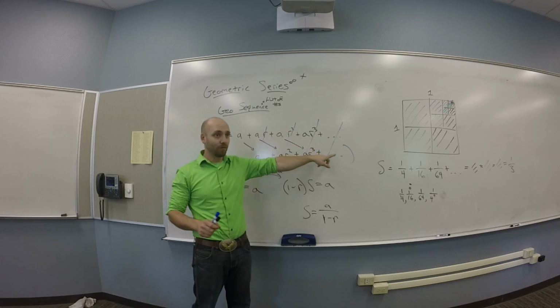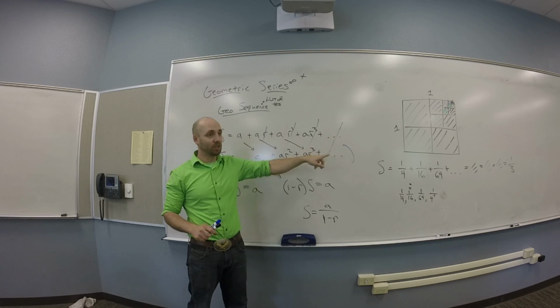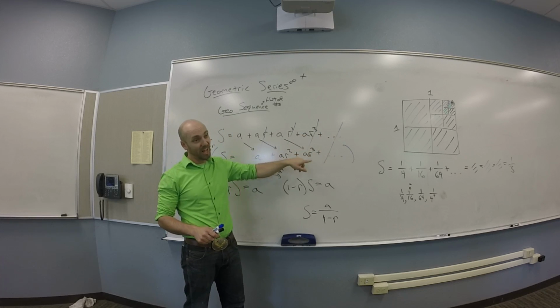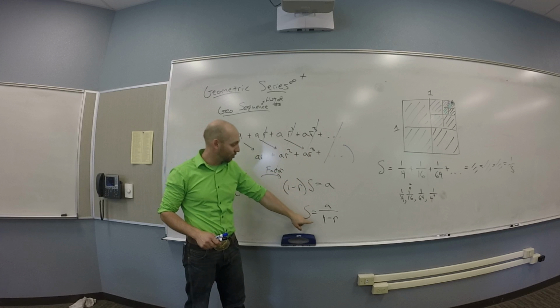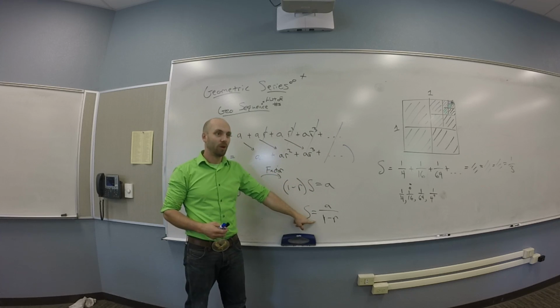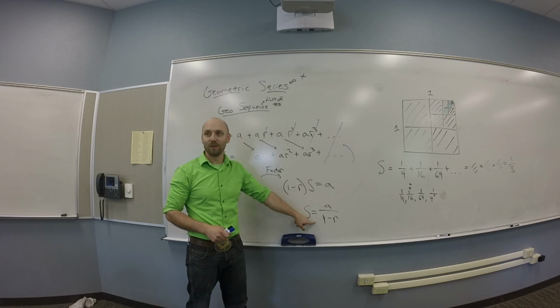Adding the same number over and over is technically a geometric series, because you're multiplying by 1, but it doesn't come to A over 1 minus 1, because that's not defined anyway.